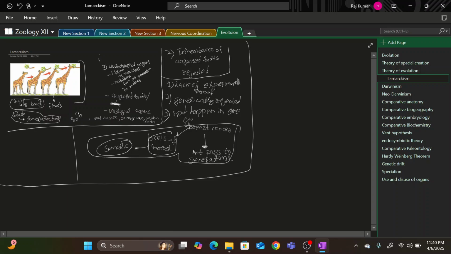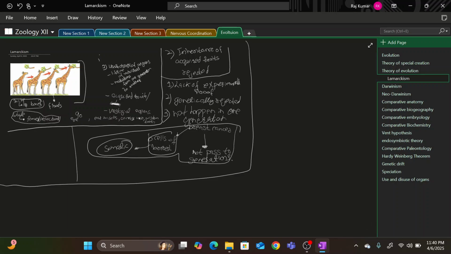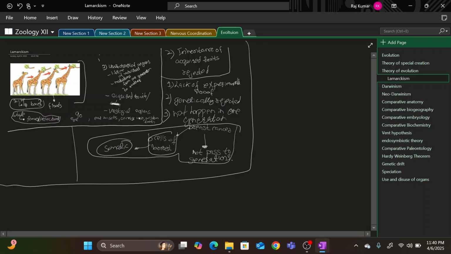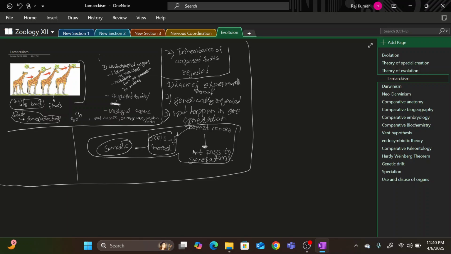Such a big change does not happen in one generation. Lamarck said that it happens within the lifetime of an individual, but it does not, because the change which actually happens takes very long, in order to make the characters adapted to the environmental conditions as well. So due to this reason, this does not happen.